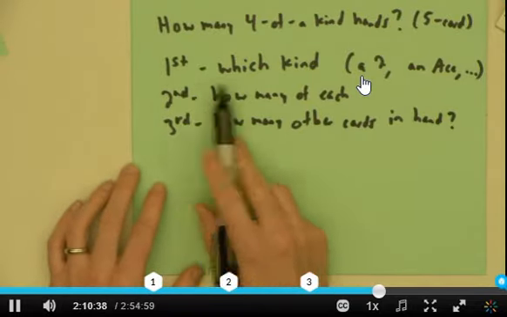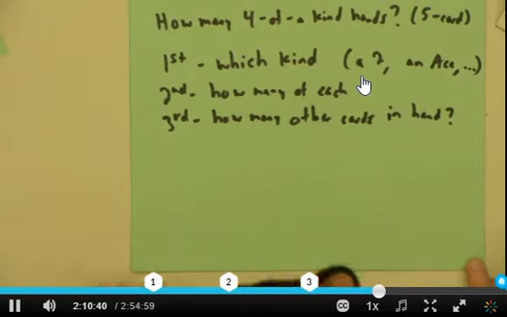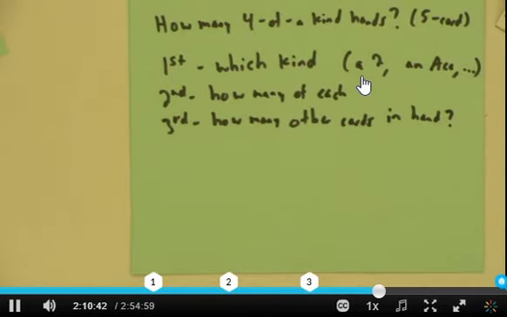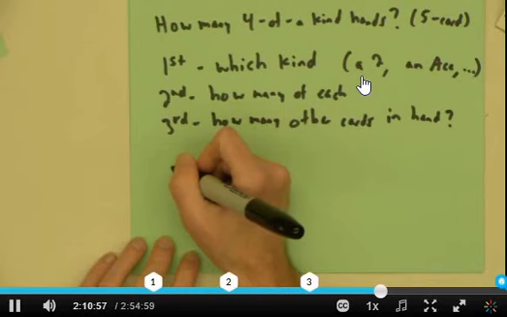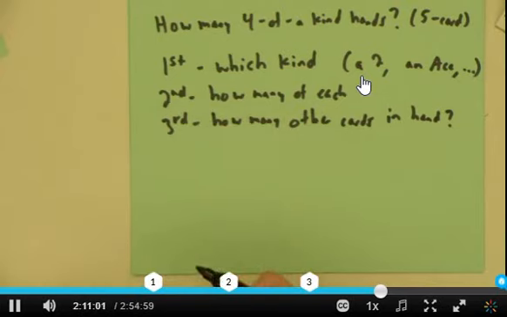All right, so let's see. How many kinds are there in a standard deck of cards? That is, if I took ace, 2, 3, 4, all the way up to king. How many different kinds could there be? Yeah, there's 13 kinds, and there's 4 of each kind, right?